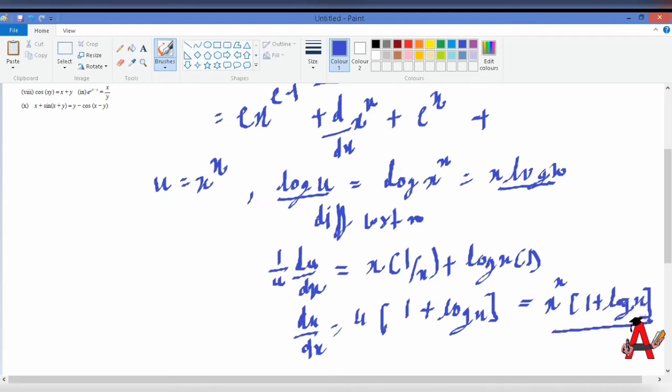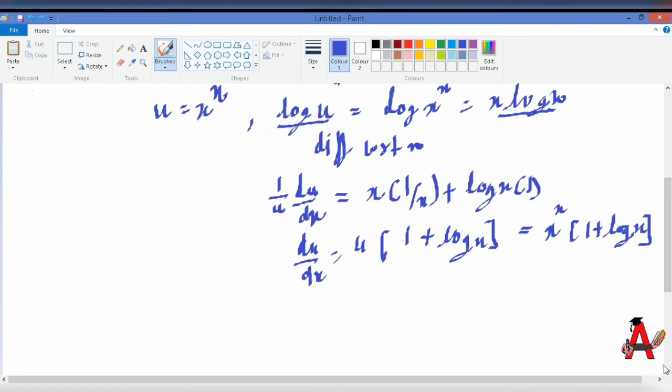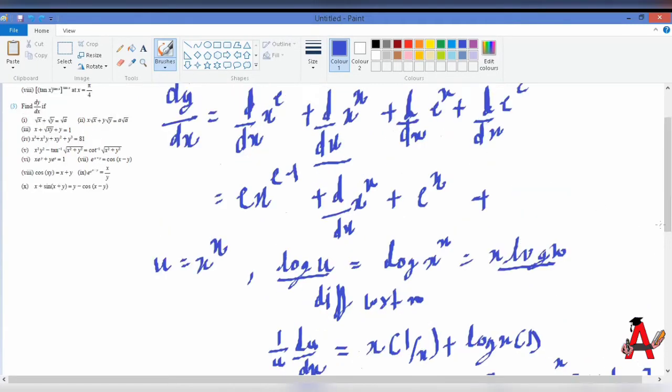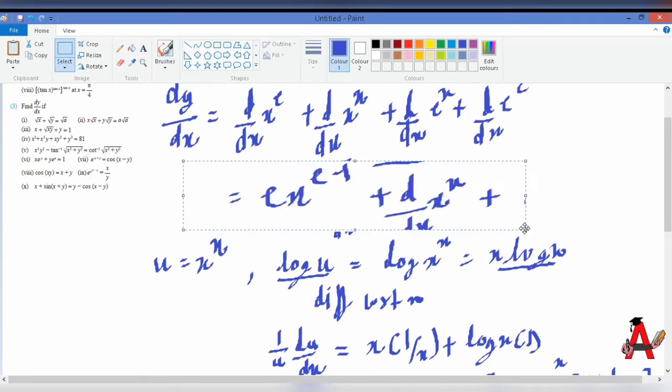This is your du by dx. So you had this where u was x raised to x. Derivative of x raised to x is x raised to x into 1 plus log x. You have to substitute that in this answer. What you can do is you can write this particular answer where this is 0.